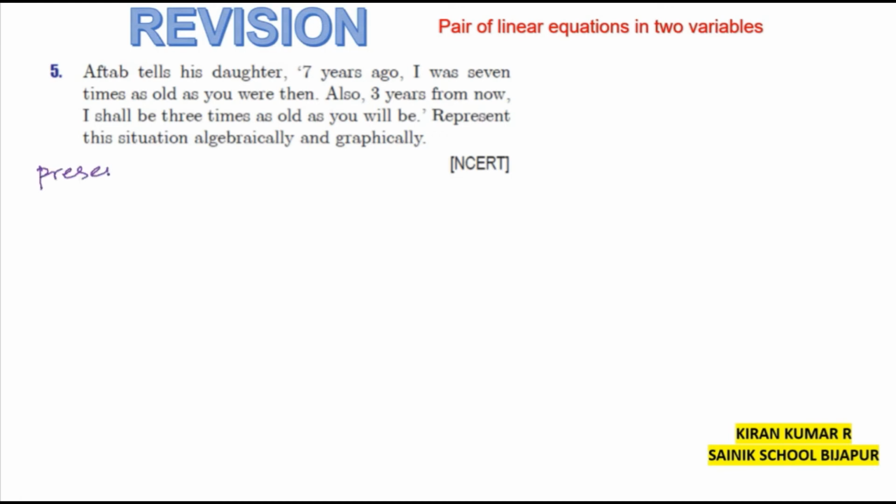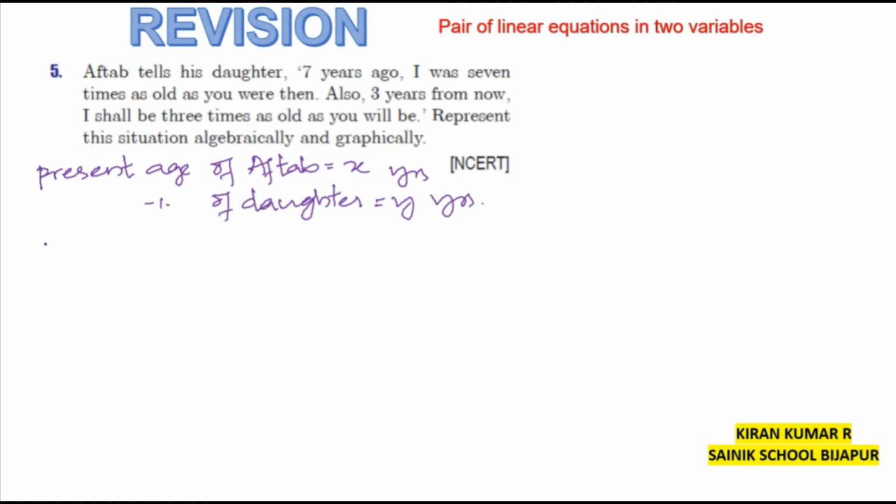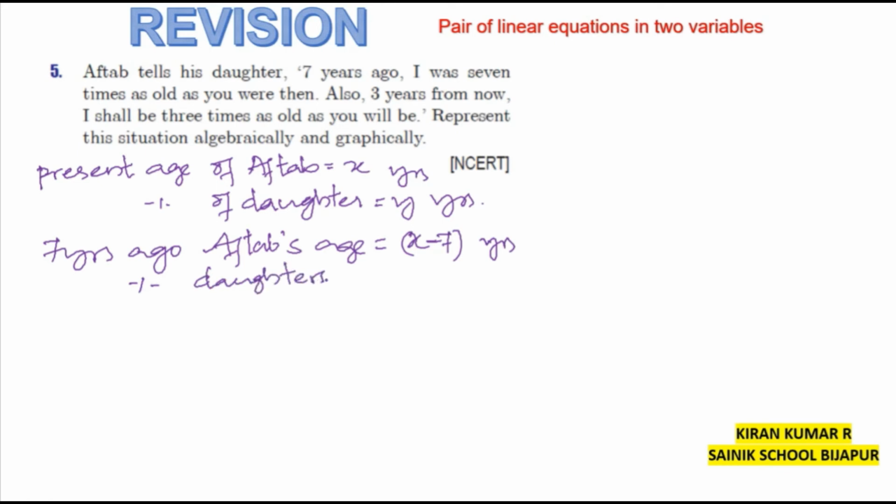In the same way, 7 years ago, daughter's age will be y minus 7 years.